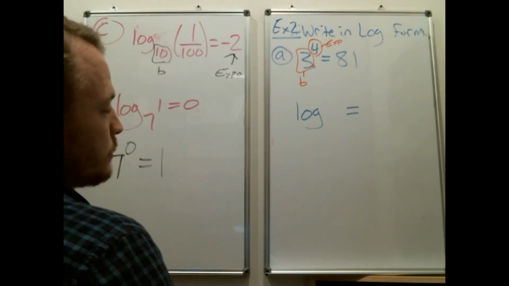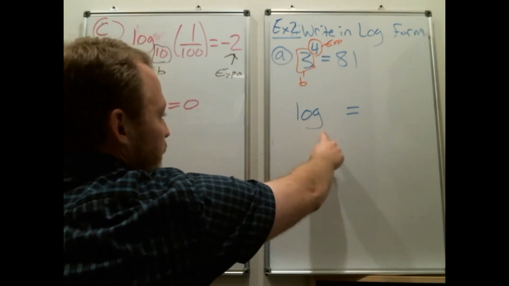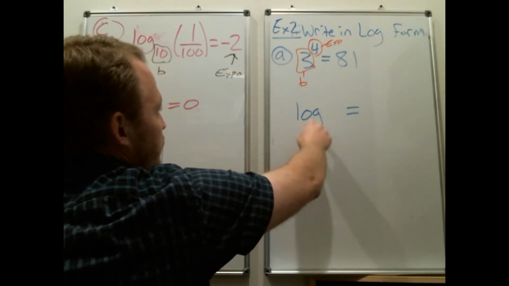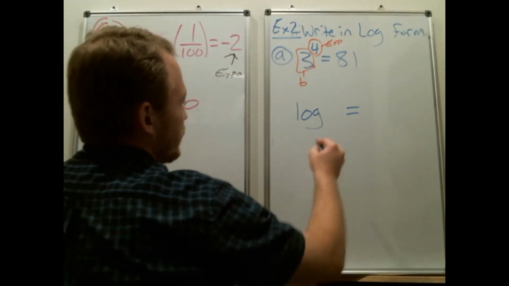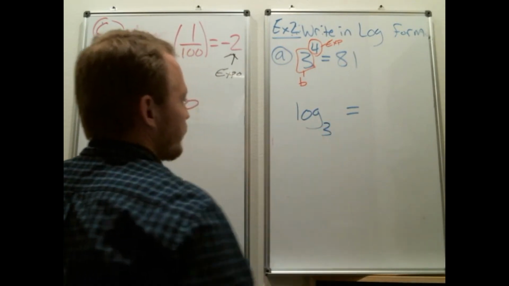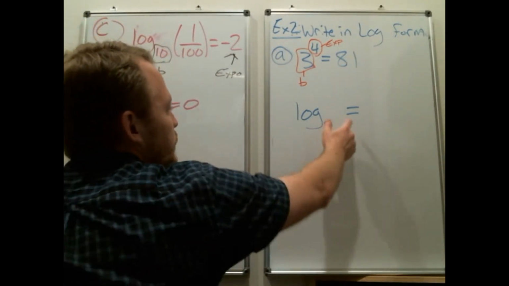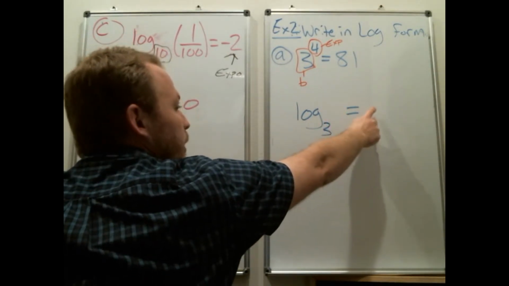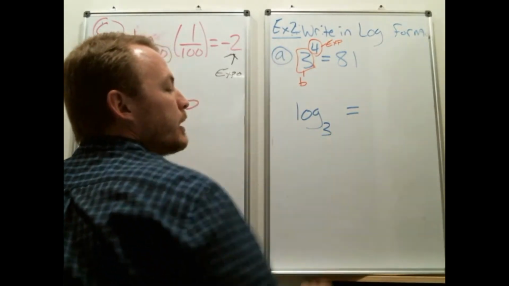Let's do the easiest one first, or what I think is the easiest one, which is the base. Log base b, and my base up here was 3. So let's just write 3 in. Almost there. And then I forget which one this is, but I know when log's in here that the exponent is over here by itself.